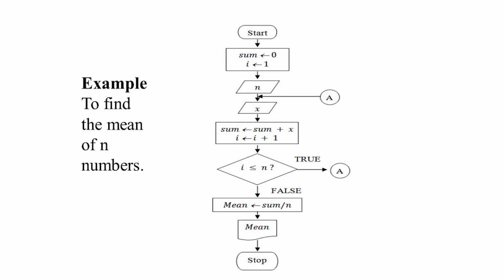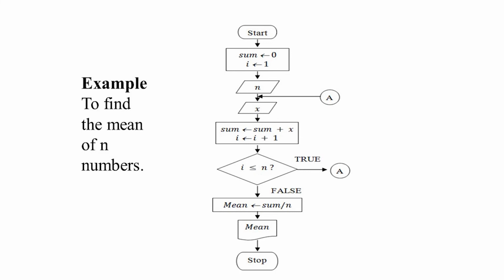These are the steps involved in developing a flowchart, wherein you represent the flowchart using the various symbols approved by the ISO. So this is your program designing tool, which is called a flowchart.